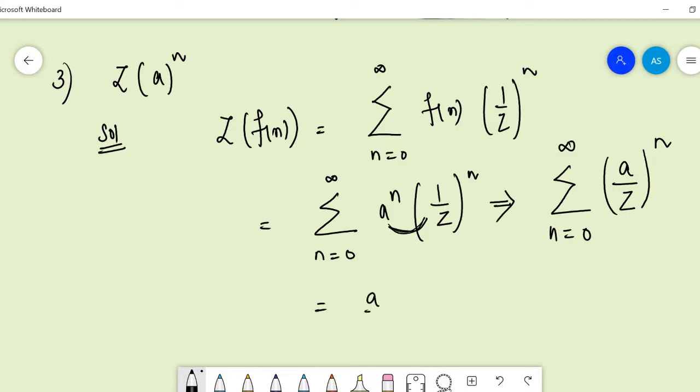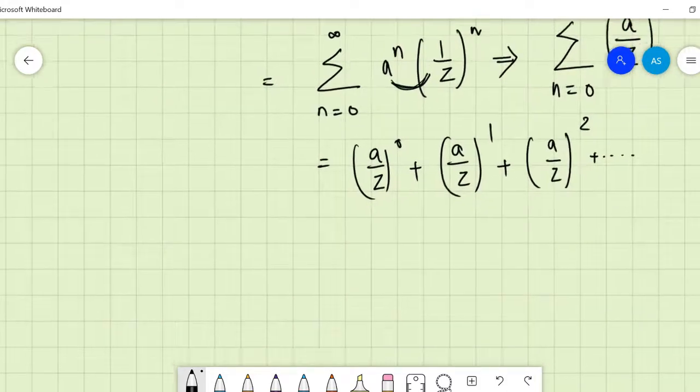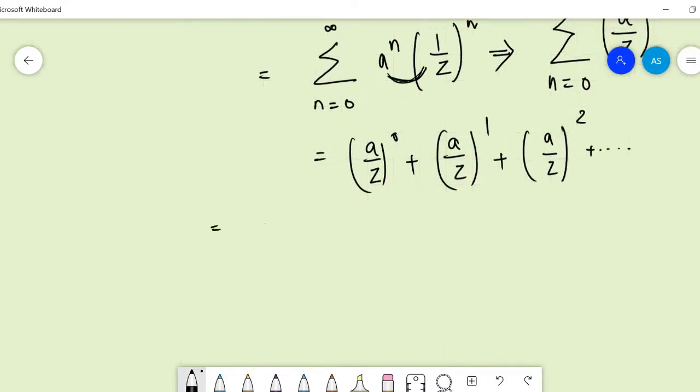So a by z whole power 0, a by z whole power 1, a by z whole power 2 plus etc. That is 1 plus a divided by z, a divided by z the whole square plus etc.